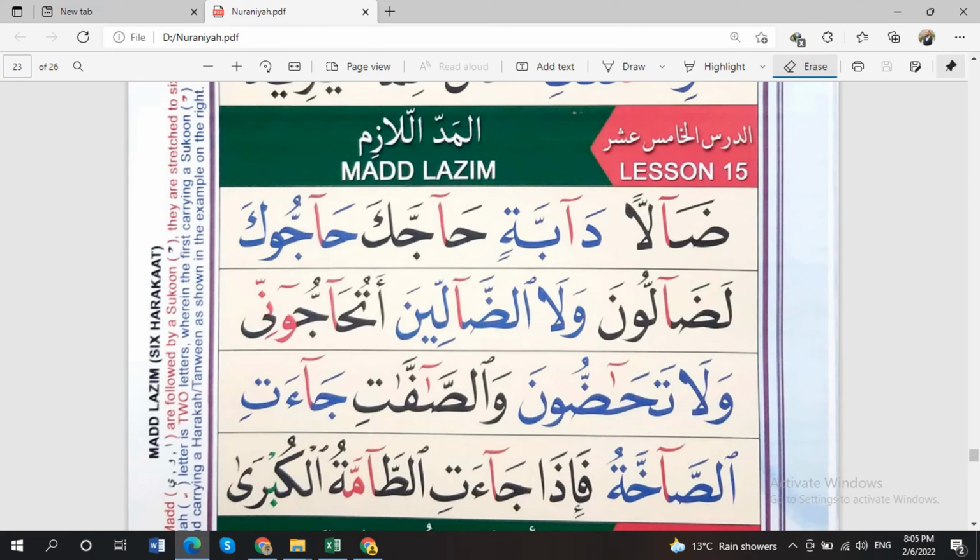For example, if you are having Alif, and you are having sukoon sign after that, you have to do Maddah Lazim on Alif. And Maddah Lazim is stretching the Maddah letters for 5 to 6 Alif, for 5 to 6 seconds.